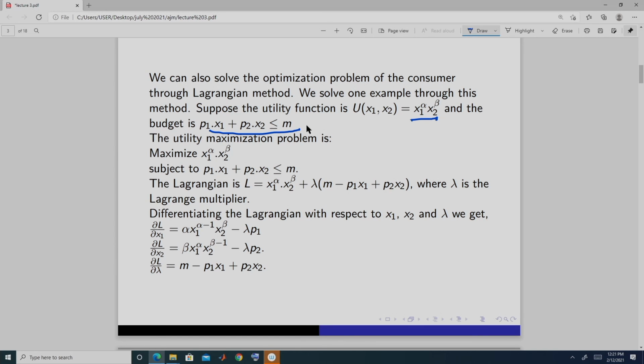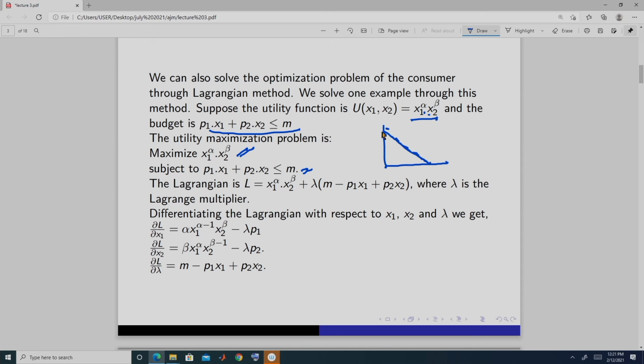So the problem is we need to maximize this utility subject to this budget constraint. To do this, we use something called the Lagrange method. Since we have assumed that the utility functions are convex, the optimal point is always going to be at the boundary.